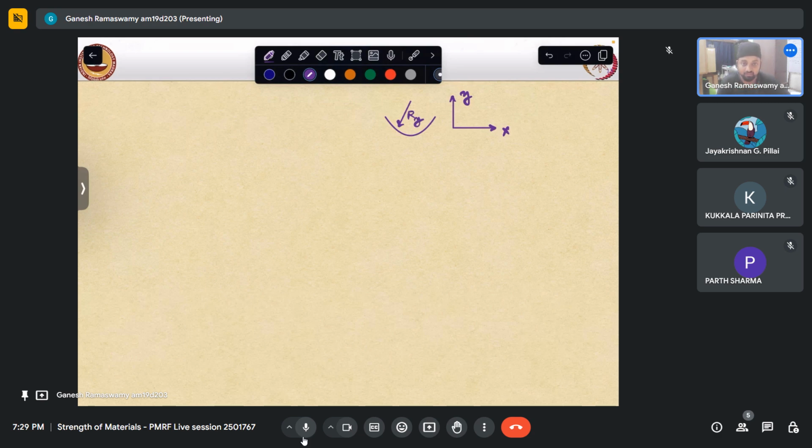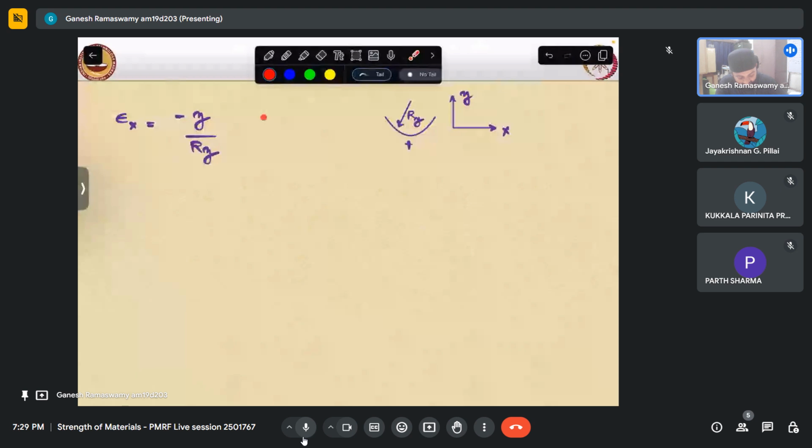This is positive. So in this case, strain in the x direction is given by minus y by ry. This is what we have been seeing. Strain is nothing but curvature into y. So curvature is 1 by r. So that is what I have written.